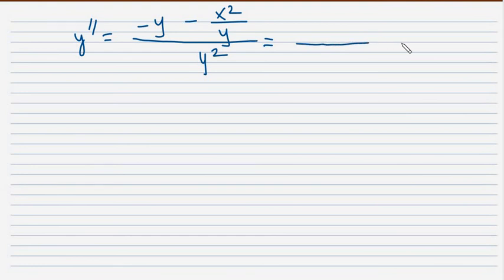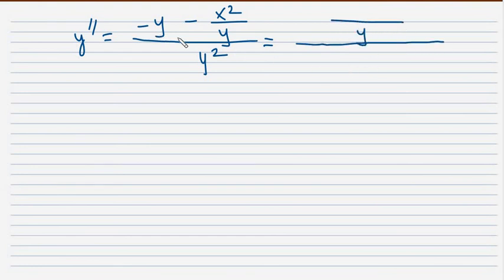So let's go to our next page. And y double prime is equal to negative y plus, or that will now become minus x squared over y, all over y squared. So we have here a bit of a complex fraction.